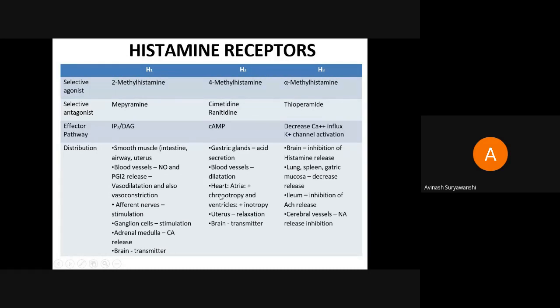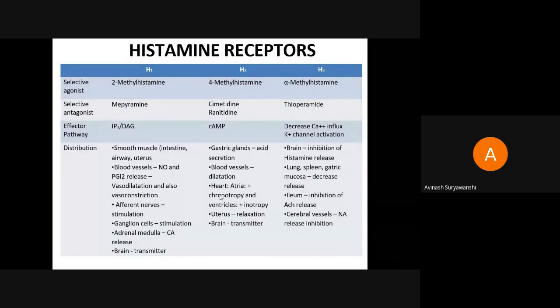Okay, so you can see only three here, but actually there are four receptors, including the H4 receptor. But this H4 receptor is still not fully explored. It was recently discovered, around 2002. In that year it was discovered, and later it was found that H4 is responsible for various allergic reactions.